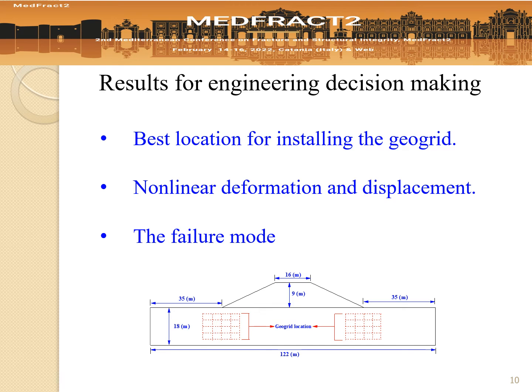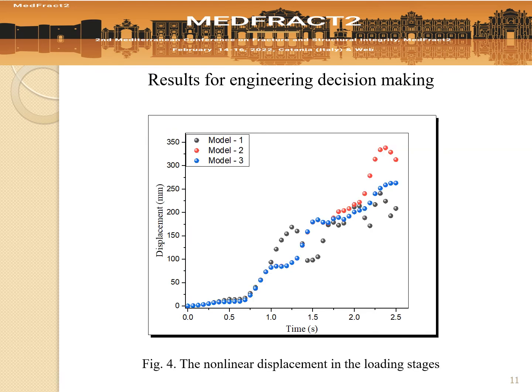The result for engineering decision making. What we want to know here is the best location. For finding the best location, we need to know what is happening after the seismic load.